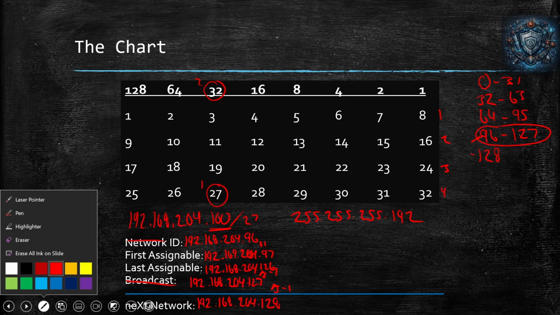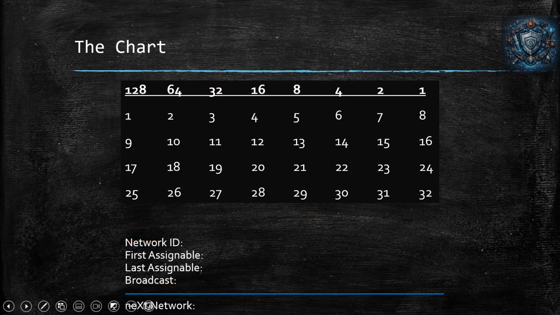Now let's do one more. We're going to do a bigger network this time. Let's say we're given 10.20.30.40. And instead of a CIDR, we're going to do just a subnet mask this time and work to get our CIDR. 255.192.0.0.